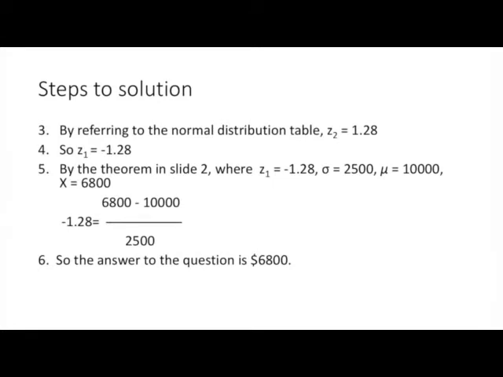And next, by referring to the normal distribution table, Z2 equals to 1.28. So Z1 equals to -1.28. Next, by the theorem mentioned in slide 3, where Z1 equals to -1.28, the standard deviation equals to 2,500, mean equals to 10,000 and x equals to 6,800, we can find out that the answer to the question is $6,800.